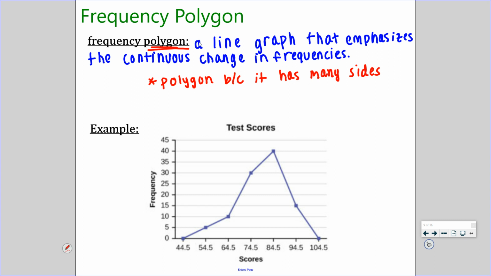With the histogram, if you wanted to shade this in, it could look something like this, within this interval, maybe that was the midpoint. So a frequency polygon instead plots them and just connects a line. Again, you can see the changes in frequency. That's what that emphasizes. Okay, so let's just try one example and then we'll call it a day.